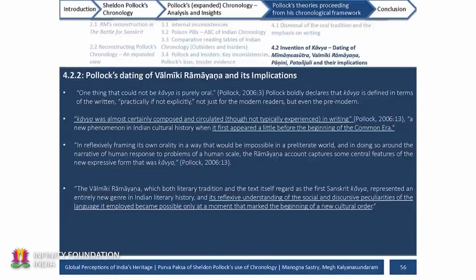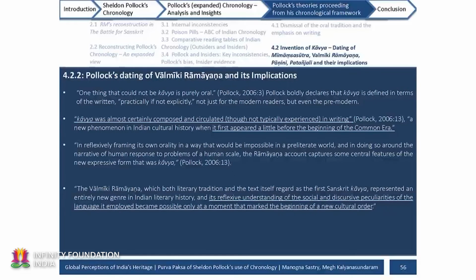So one of the key things that Pollock maintains is that kāvya could not have come during the oral period at all. In fact, he maintains that the older order, which was characterized by the oral tradition, was very oppressive and under Brahmanical control. Contrasting this, when he says that in the newer millennium kāvya was introduced, he associates it with the introduction of writing.